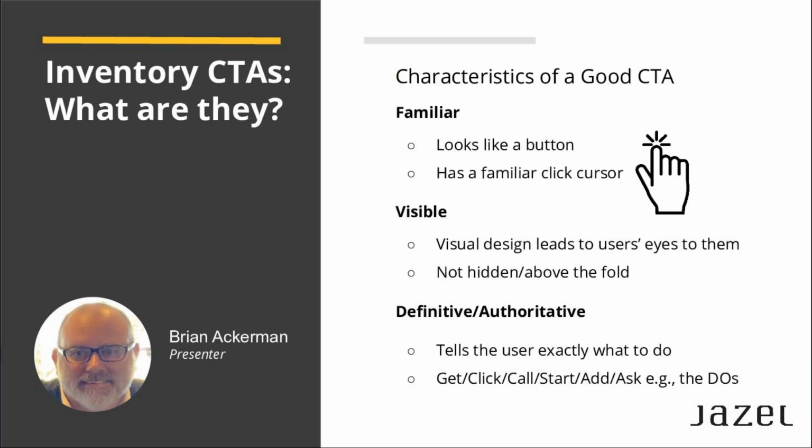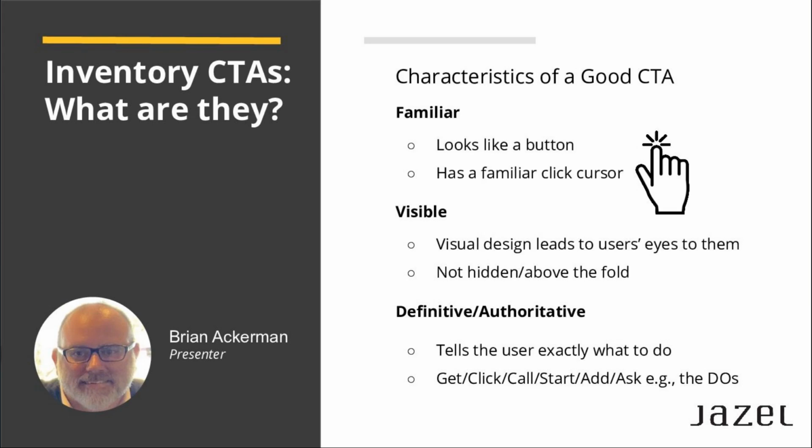So some characteristics of good calls to action. Number one, they're familiar. People have seen them everywhere from the dawn of advertising, so they know what they look like. It looks like a button on the web. You get this familiar click icon to let users know they can click on it. It's visible. The visual design leads the user's eyes to it. It's usually above the fold. If you don't know what the fold is, it's the first part of the screen that loads on the web page that you don't have to scroll anymore to see.